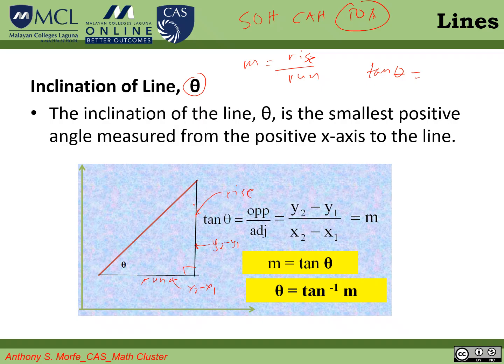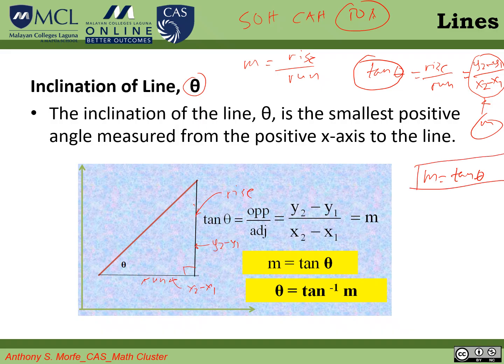So this side, the opposite, is rise over run. But what is our rise? Y sub 2 minus y sub 1, divided by x sub 2 minus x sub 1. Okay, so we can say that tangent theta is just equal to the slope m. So therefore m is equal to tangent theta.